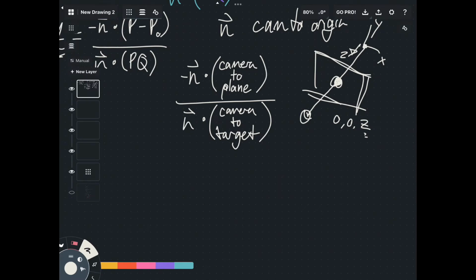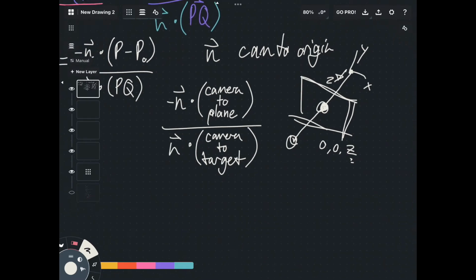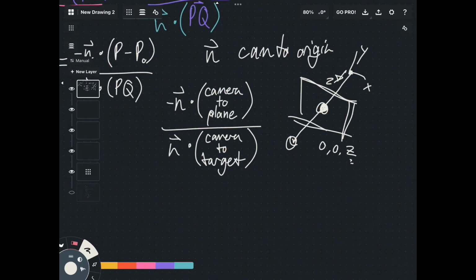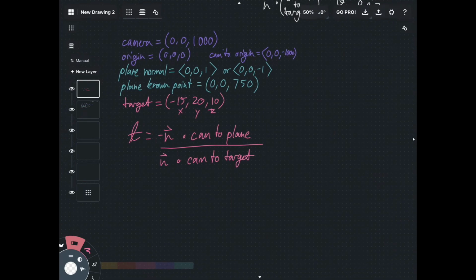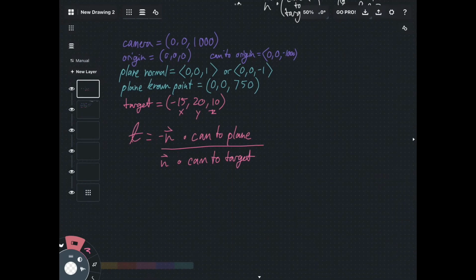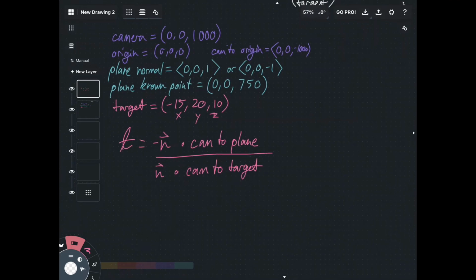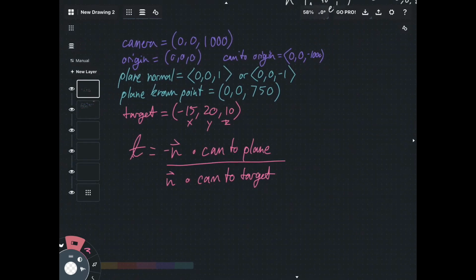So now I'll work out a quick example, and we will move on to the other short aspects that we do in our code here. All right, so we're going to work out a quick example problem. We have some predefined stuff here to save a little bit of time. I've got a camera point at 0 on the X, 0 on the Y, and then 1,000 points away from the origin.